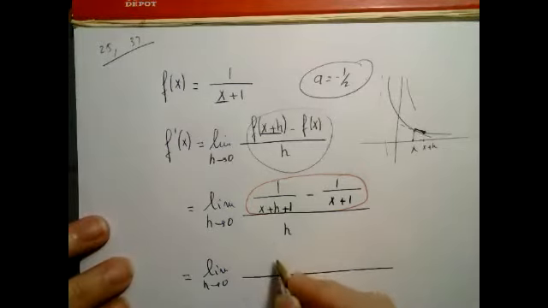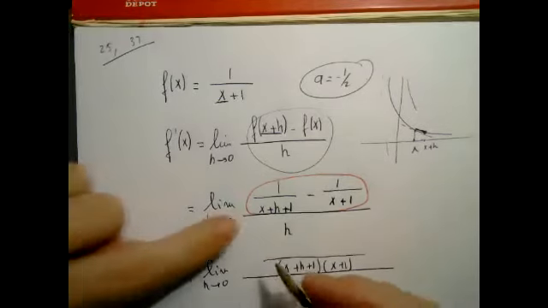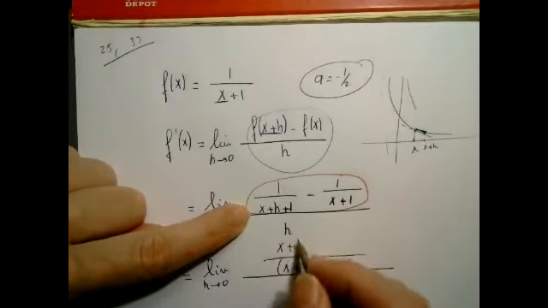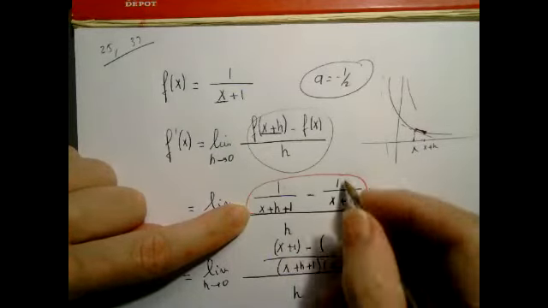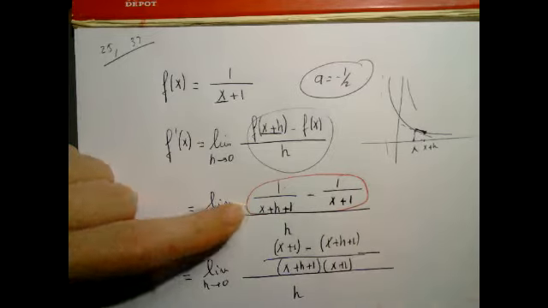So my common denominator here is the product, divided by h. And now for this piece, I need to multiply by x plus 1. For that, I have to multiply by x plus h plus 1.